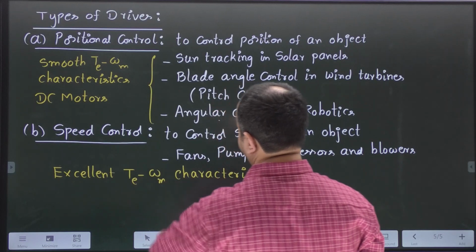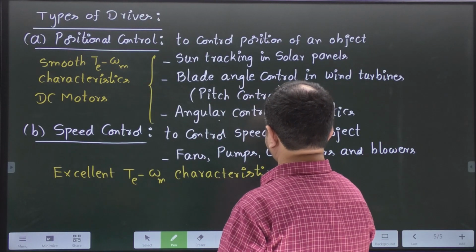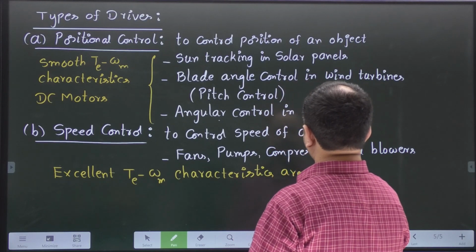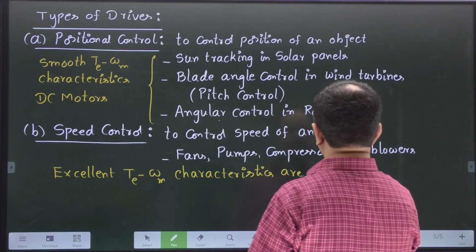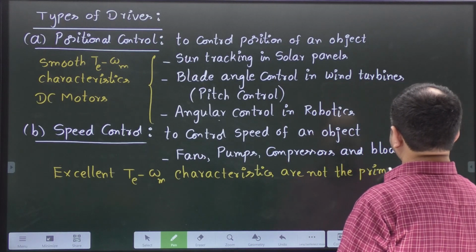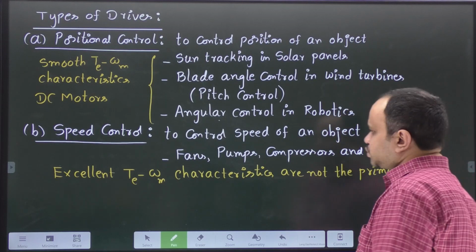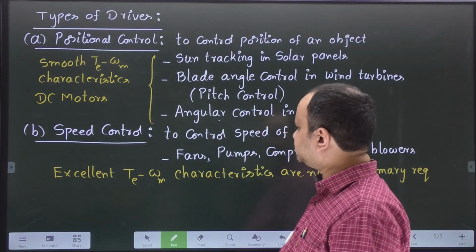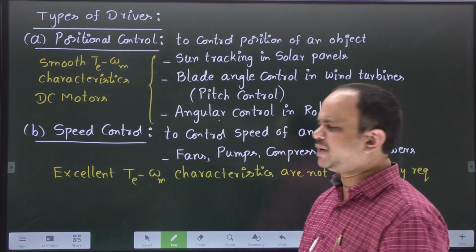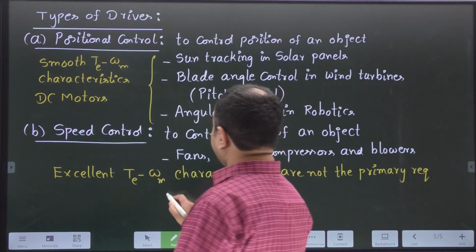Therefore, excellent speed torque characteristics are not the primary requirement. Of course, the better the torque speed characteristics the better, but very excellent characteristics are not a mandatory requirement.